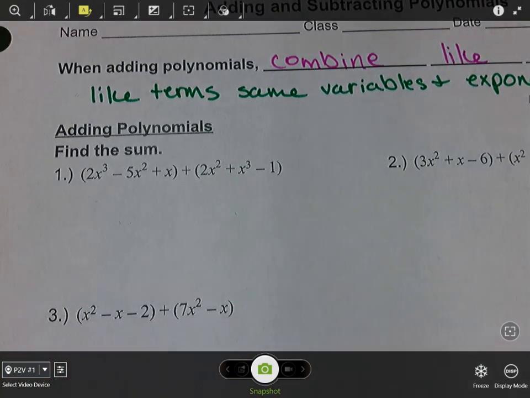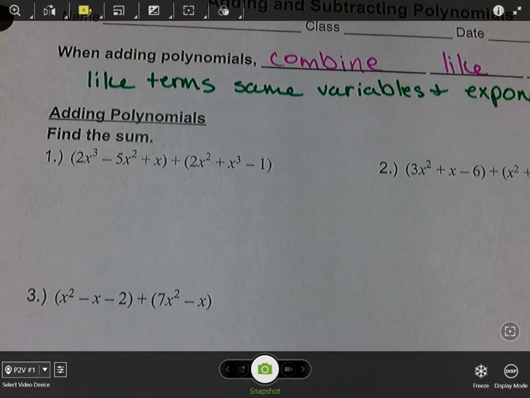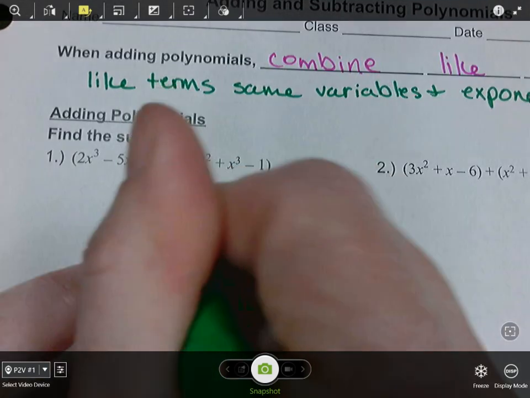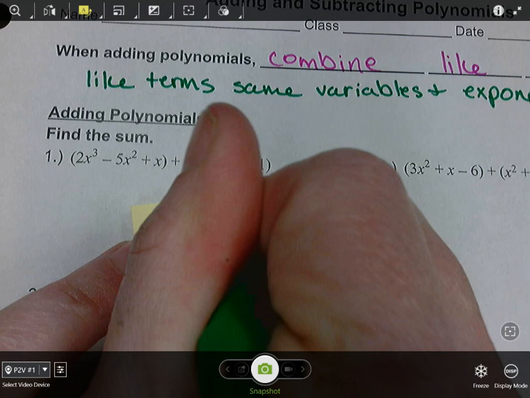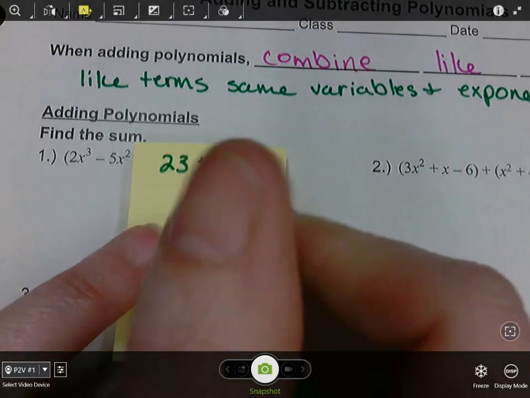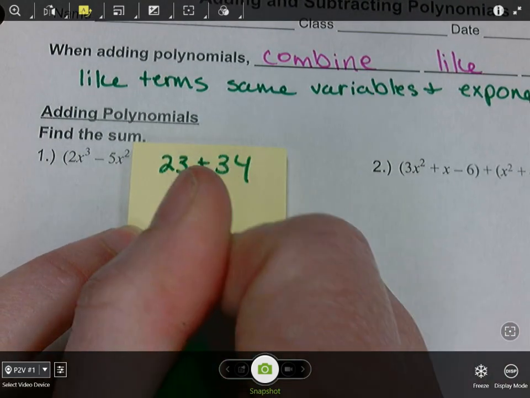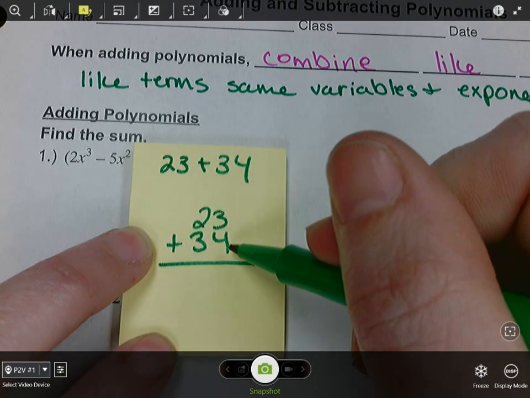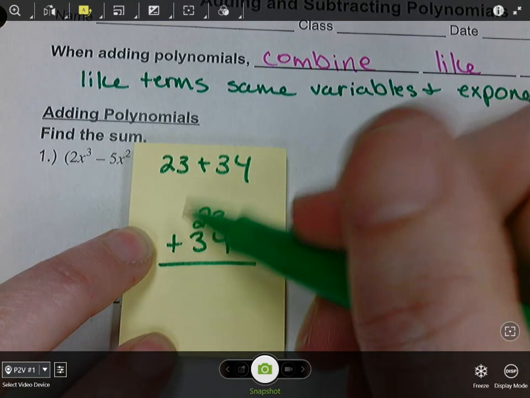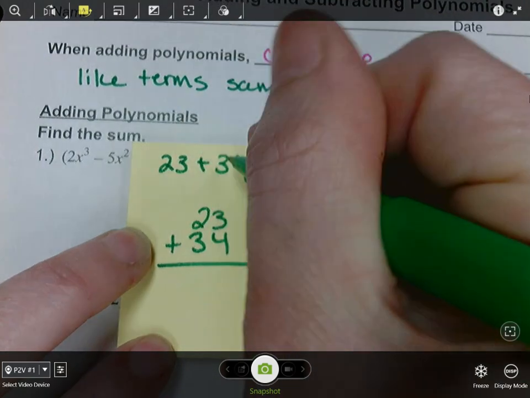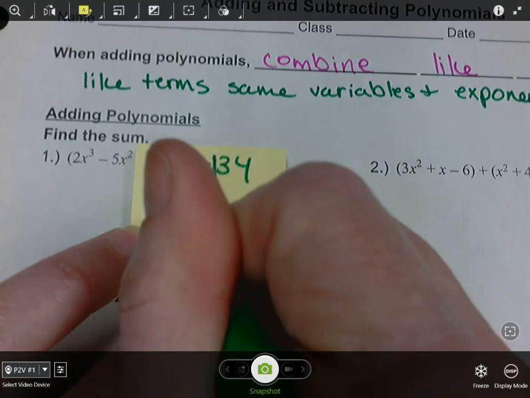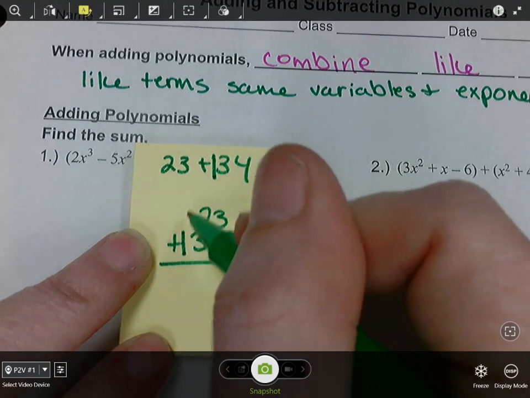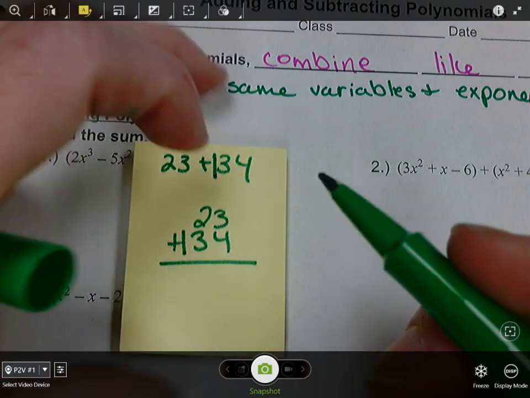You know how you would write 23 plus 34? You would have to line your ones up together and your tens and then your hundreds. And let's say this was 23 plus 134. The 1 would have to go out front because there's nothing to add it to. Okay, so that's what we're going to do.